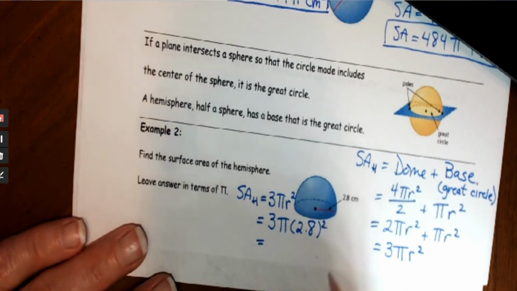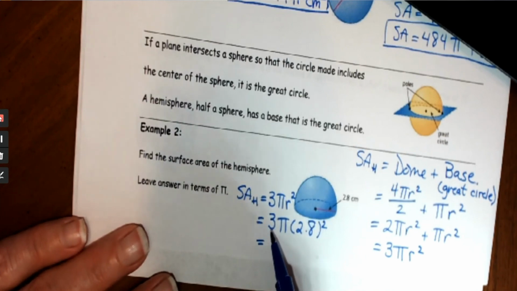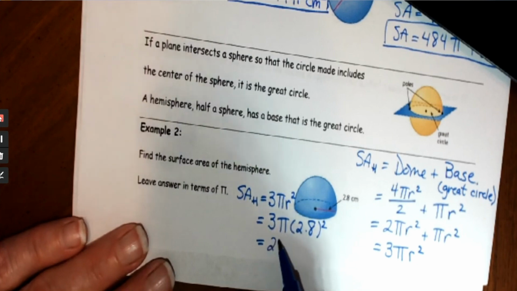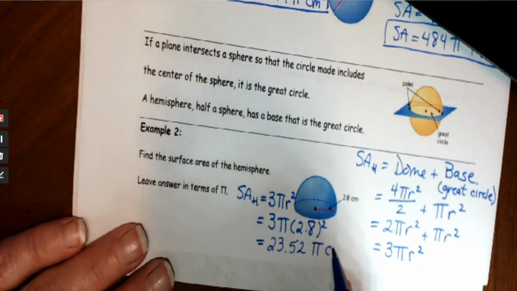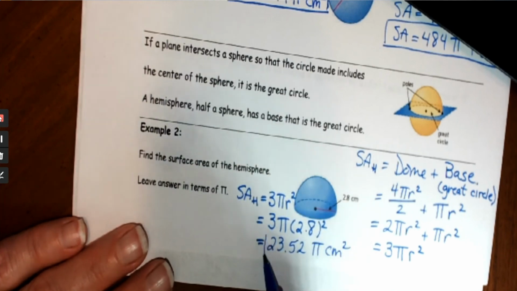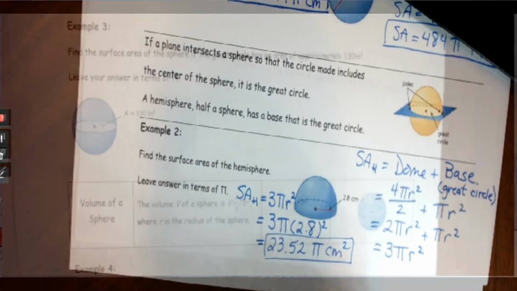And when we plug this into our calculator, we're going to leave our answer in terms of pi. So again, we'll just plug in 3 times 2.8 squared, and we get 23.52 pi centimeters squared. That is the surface area for our hemisphere.